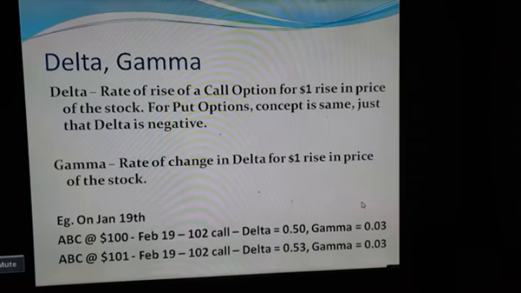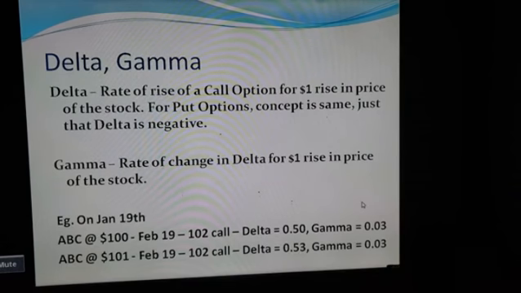If the stock price of Apple rises by $1, by how much is any particular call option, any strike or any expiry, going to rise? That is delta. So delta is the best friend of an option buyer.